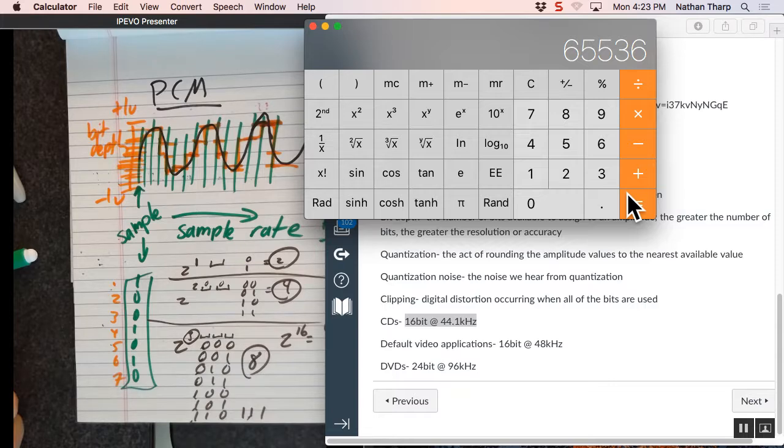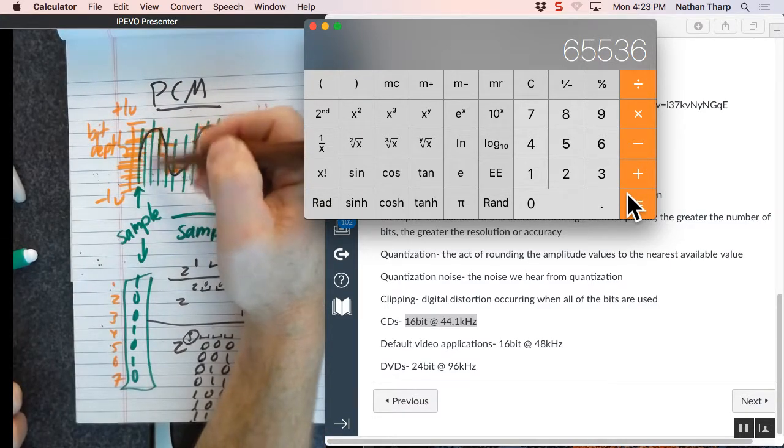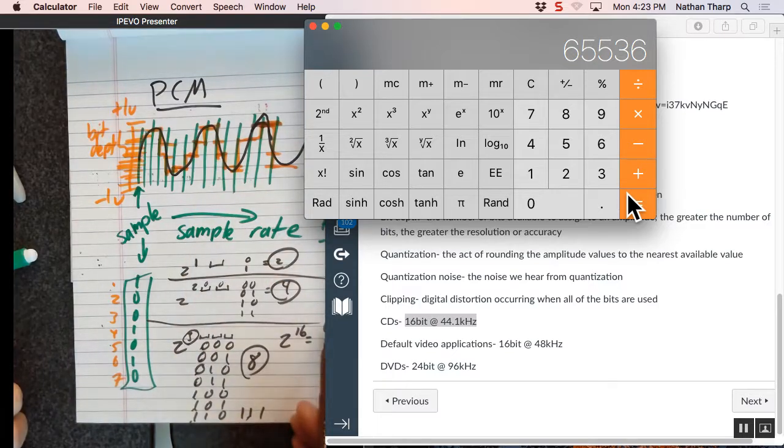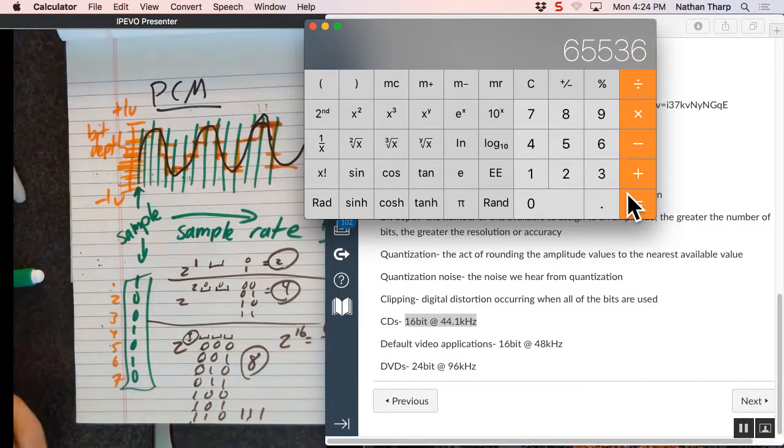So 44.1 at 16-bit: 44,000 times a second I'm taking a picture, and I can assign a value anywhere from 0 to 65,536. It's a pretty tight grid.